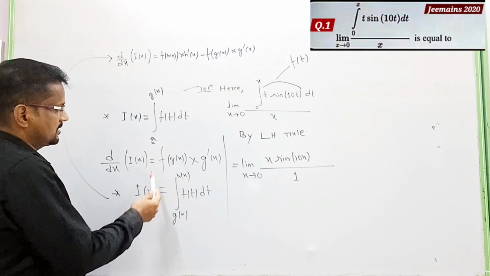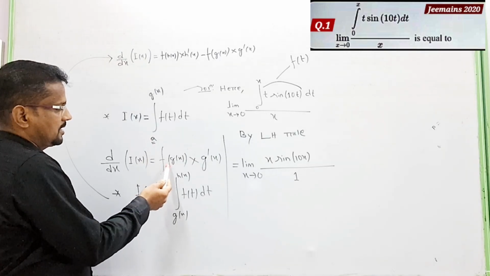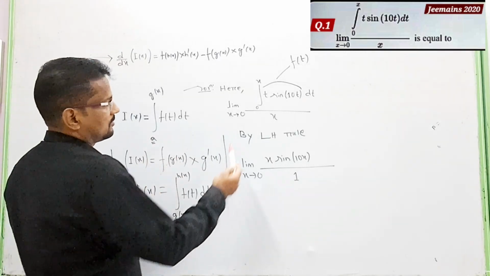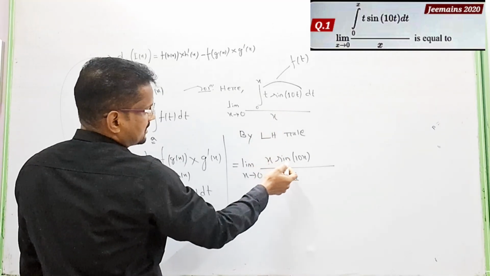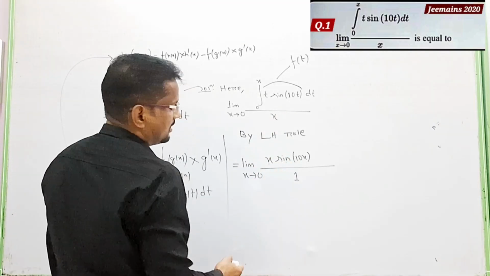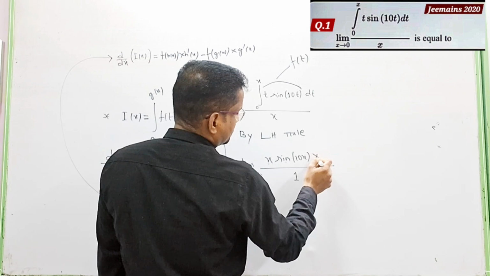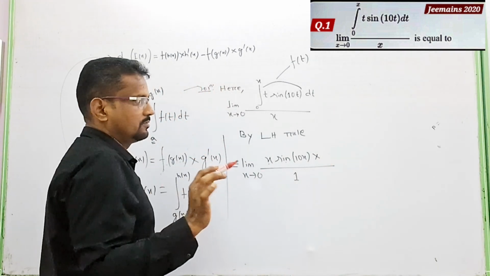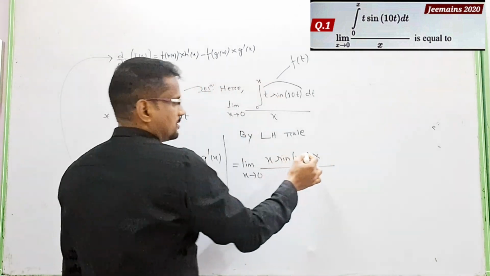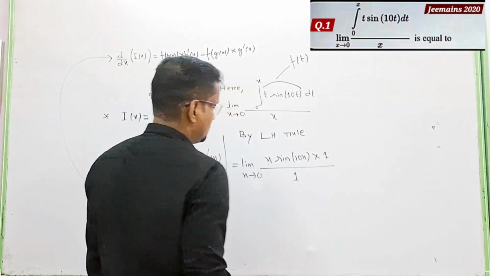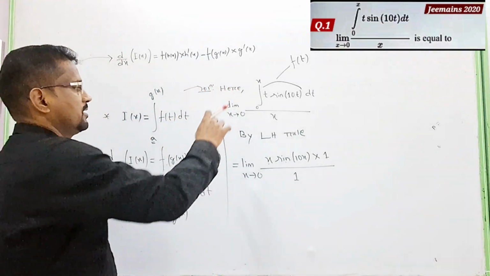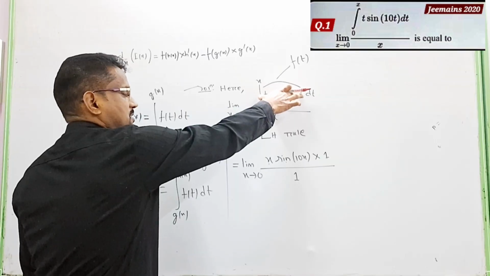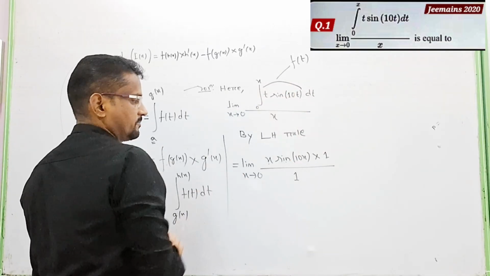Where is the first case? Here, this is the first case, f of g(x). So f of, here it will be x sine of 10x into the derivative of the upper limit, that is 1. So you have obtained the derivative of this definite integral here.